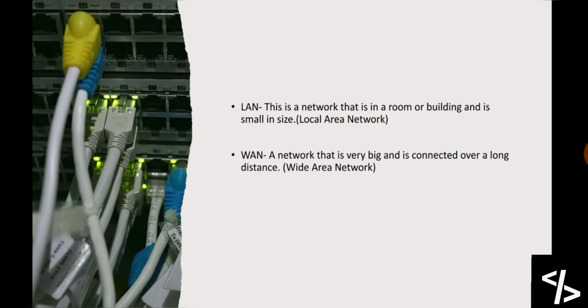It can be so big that it's in different countries, different continents. It's just a lot of LANs that are connected together over a big area. So a WAN is basically a LAN but multiplied and connected together over a huge area.